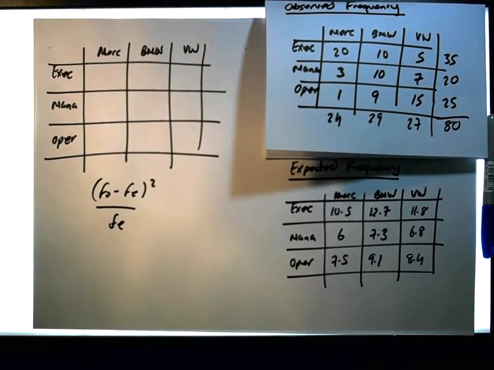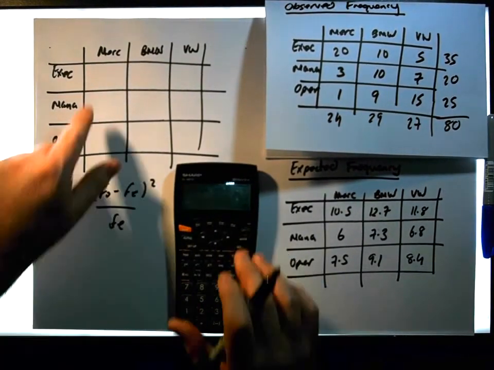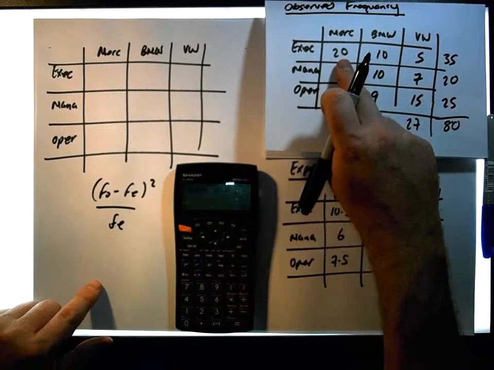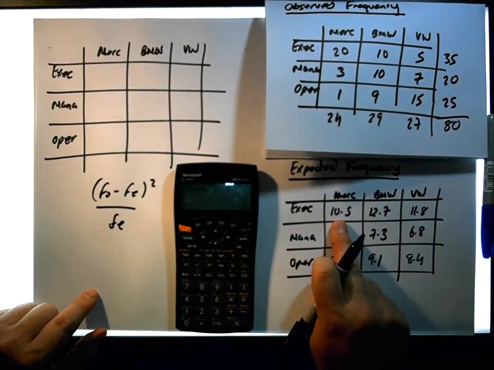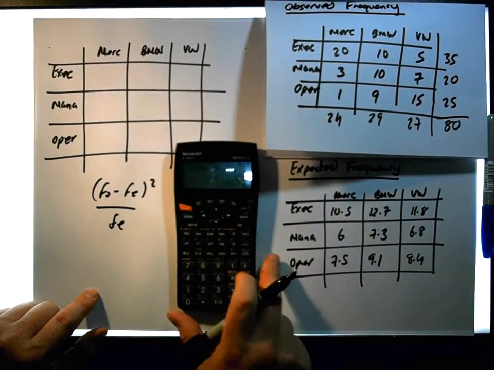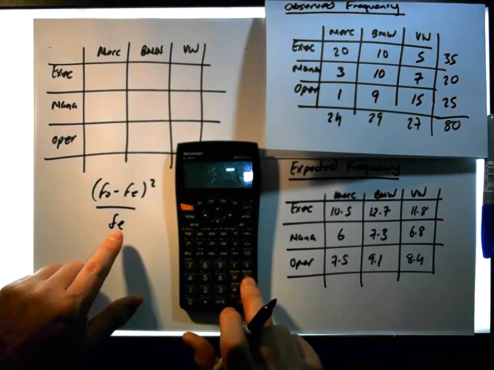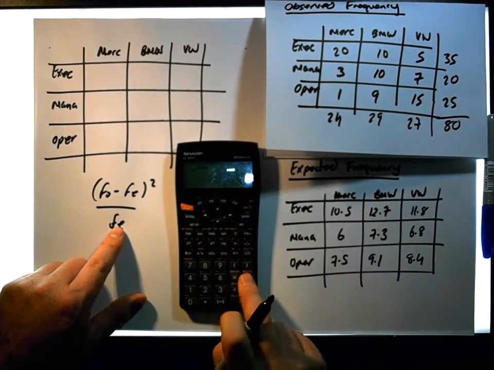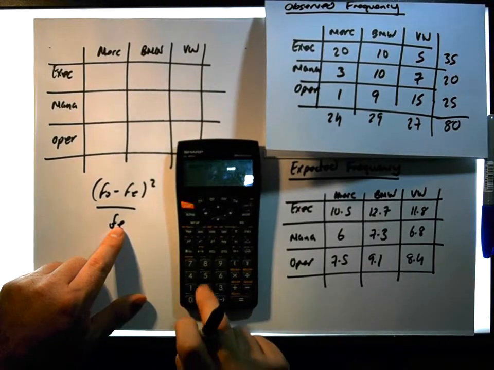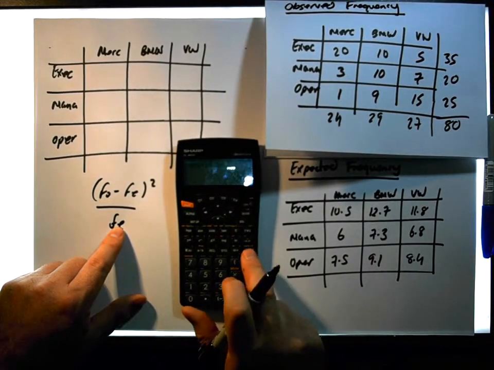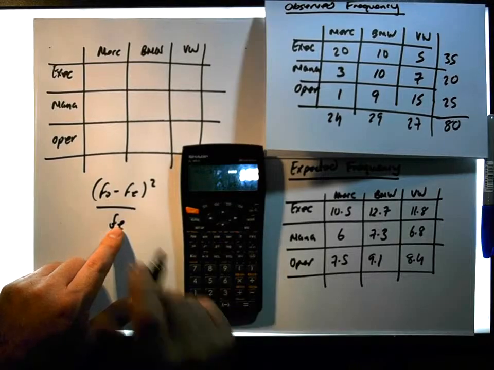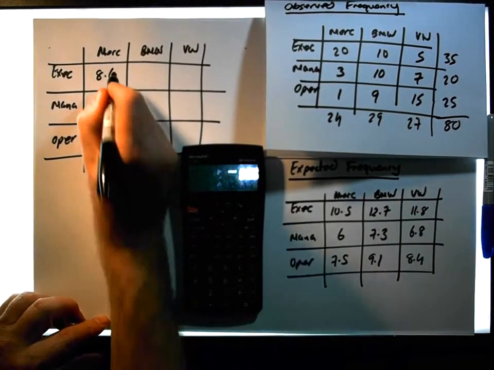Okay? So the first cell here is the observed, which is 20, minus the expected, which is 10.5, which gives us a value of 9.5. So we have 9.5 squared, divided by the expected, which is 10.5, which gives us a value of about 8.6, rounding.